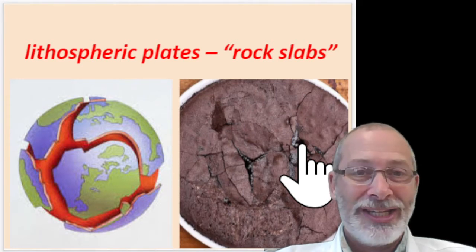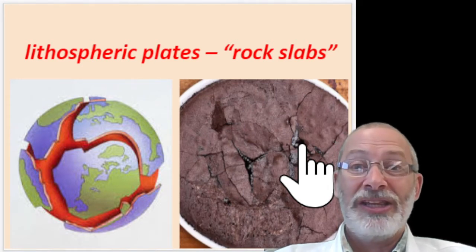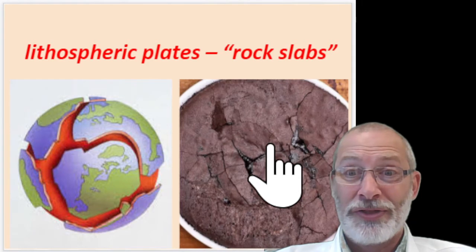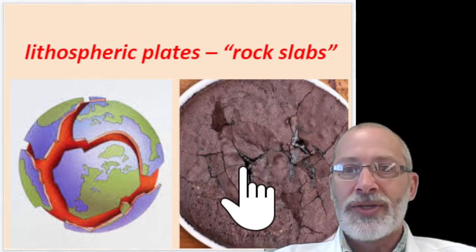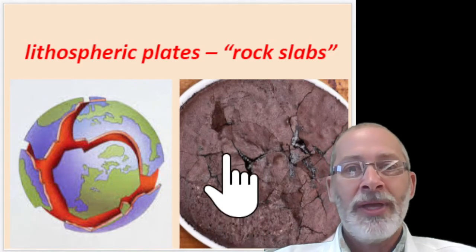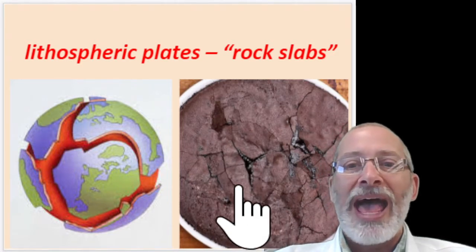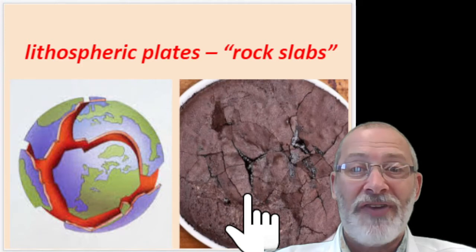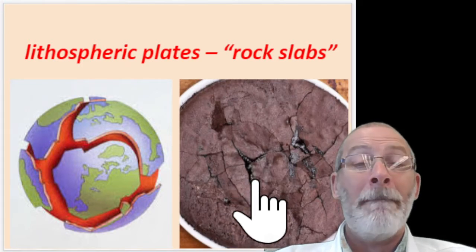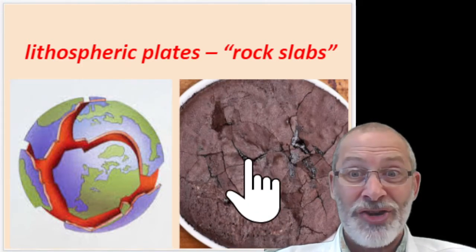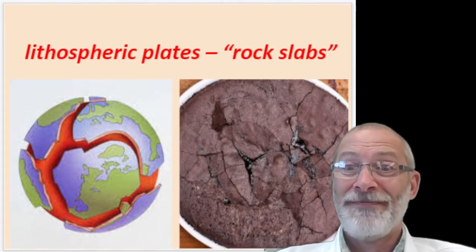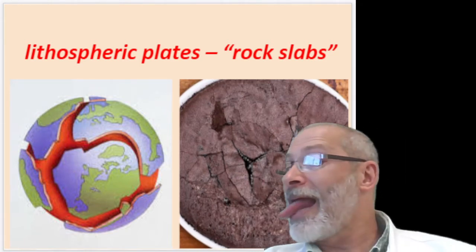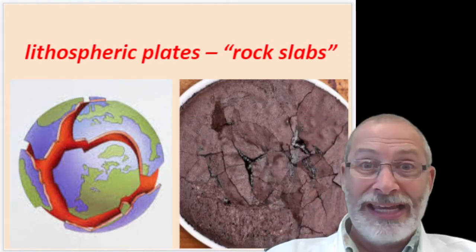That's a really good illustration of the lithospheric plates of the Earth, because it's still warm too. And you notice in this picture, we've got some crusty slabs of chocolate solidifying, even though it's still molten or melted underneath. Great picture of Earth's crust. And yum, yum, too. I want to eat that.